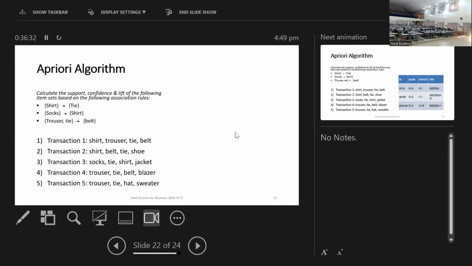Okay. What about the confidence? 0.6. Oh, that's good. 0.6. Okay. Then what about the lift?